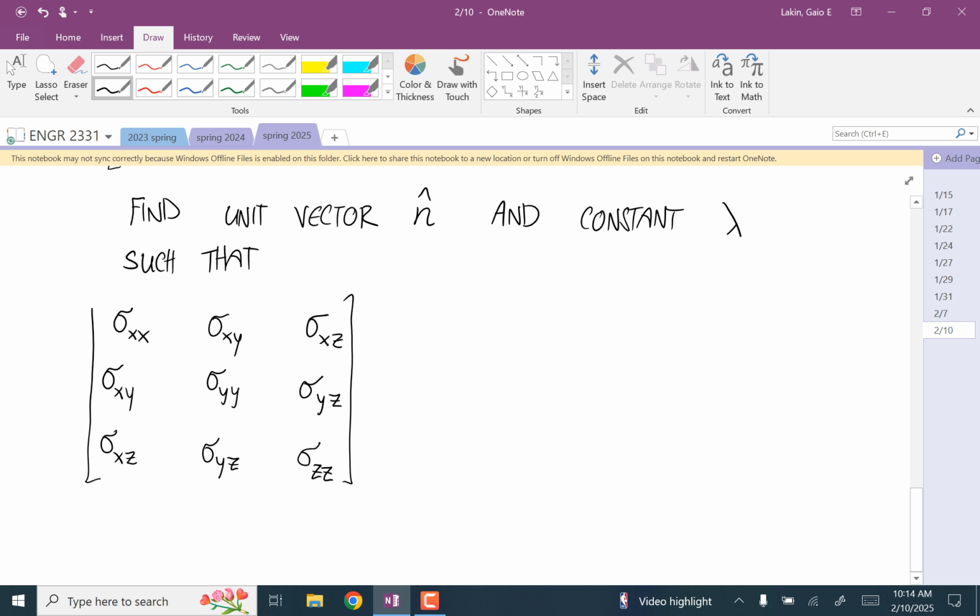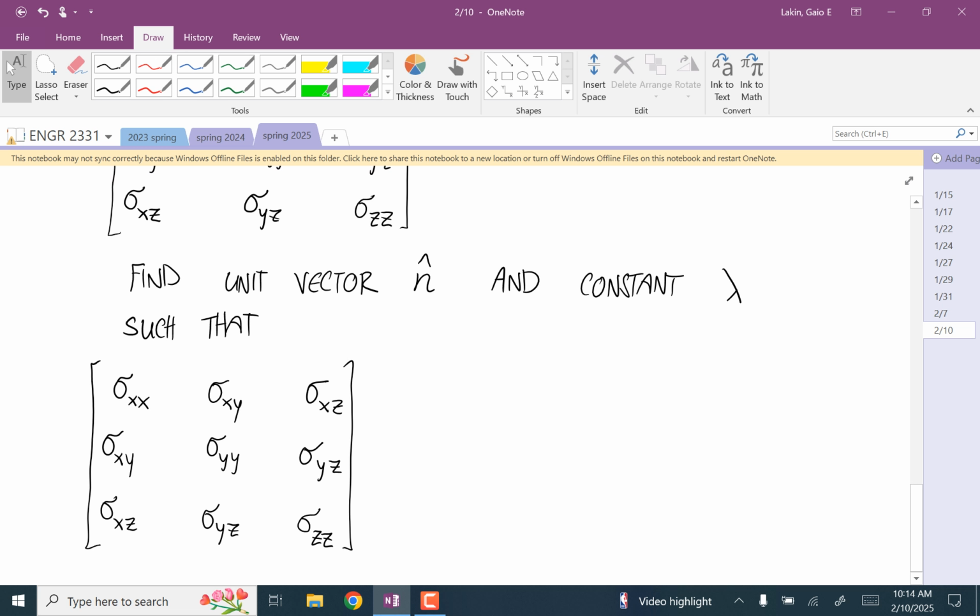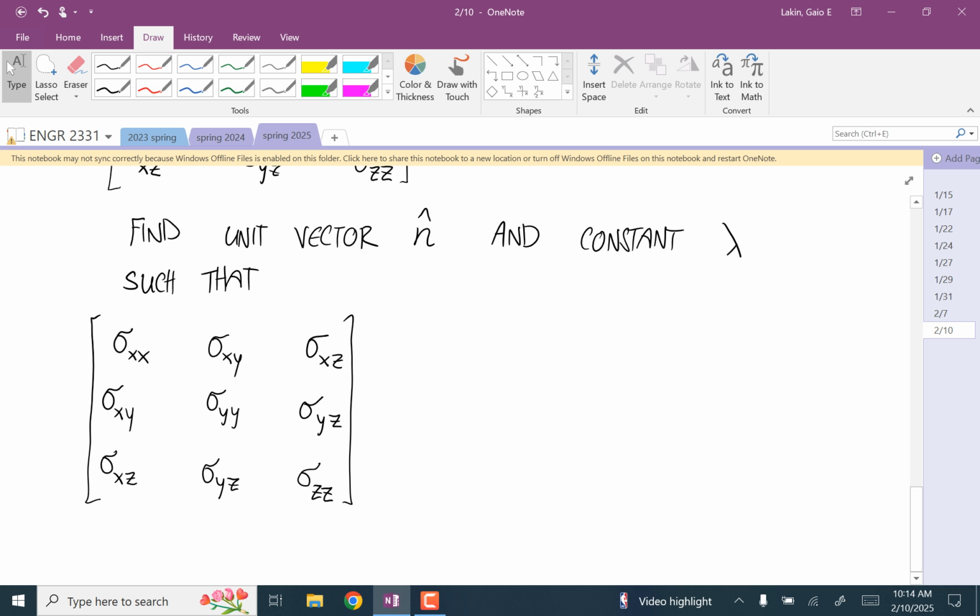And we're looking for both of these things, a unit vector and a corresponding value. We've found these values when you can multiply the matrix by this unit vector, and it's equal to the constant times the unit vector.